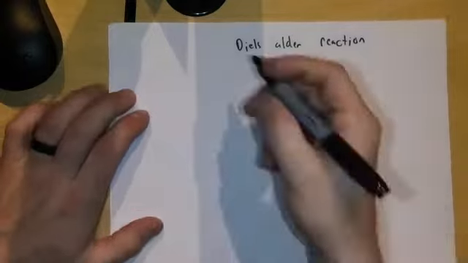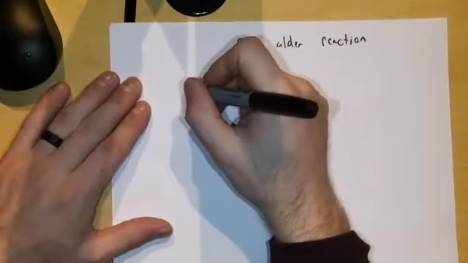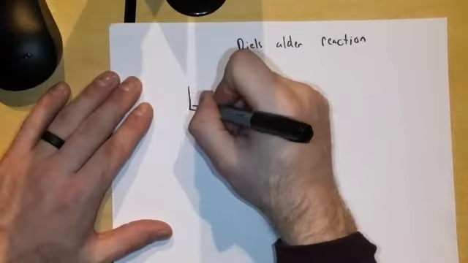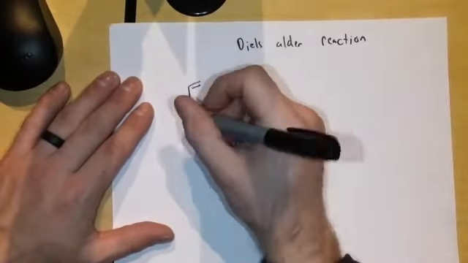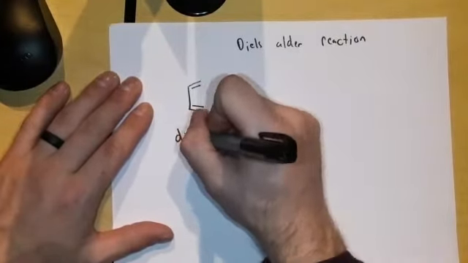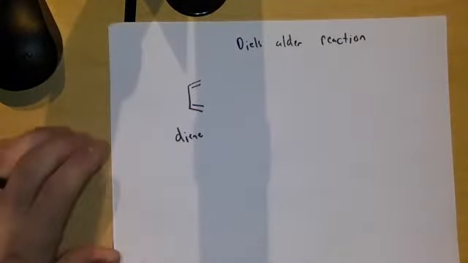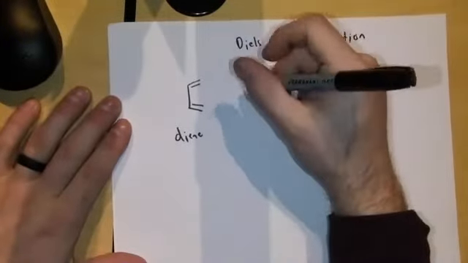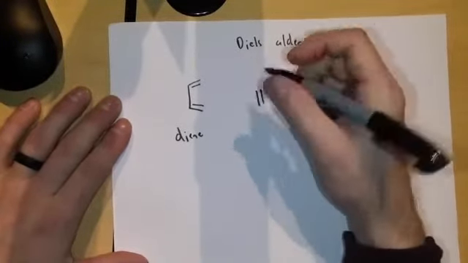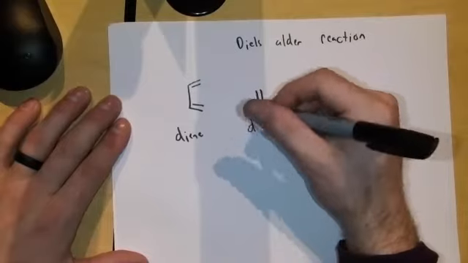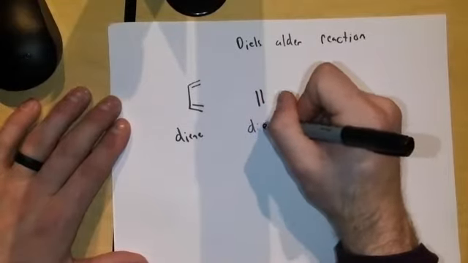The simplest form of this reaction is what they call a 4+2 cycloaddition. Essentially, you're going to have a diene, which is something with 4 pi electrons or 2 double bonds. So diene, 2 double bonds, and something called a dienophile, which really is just something with 1 double bond.